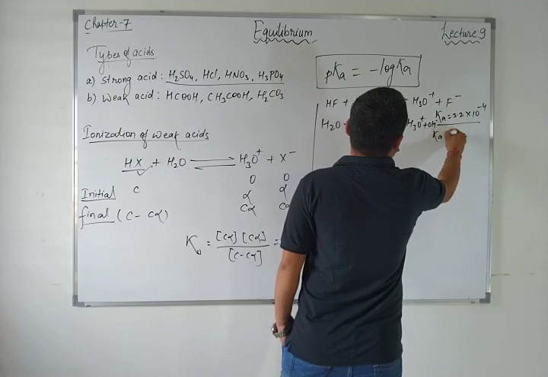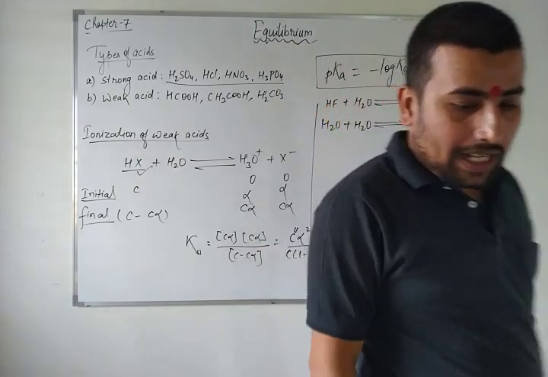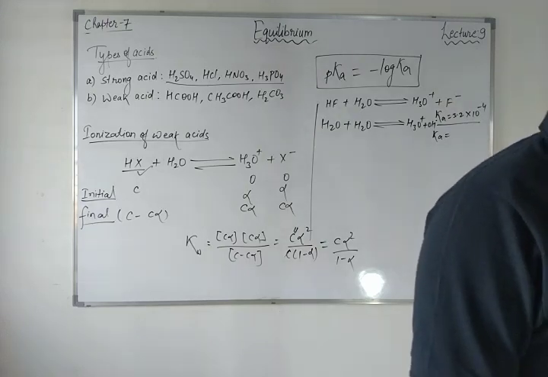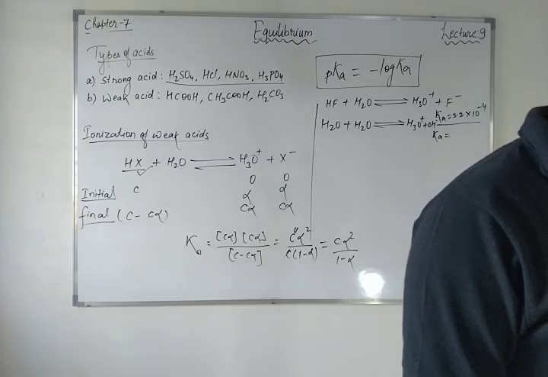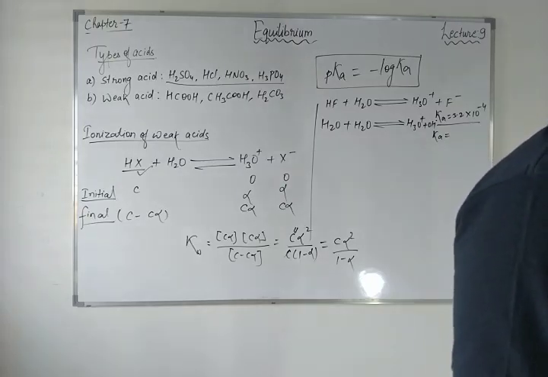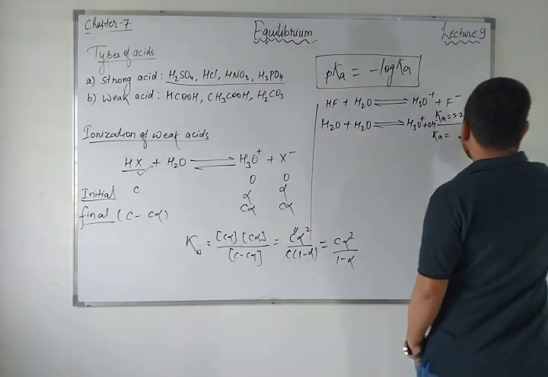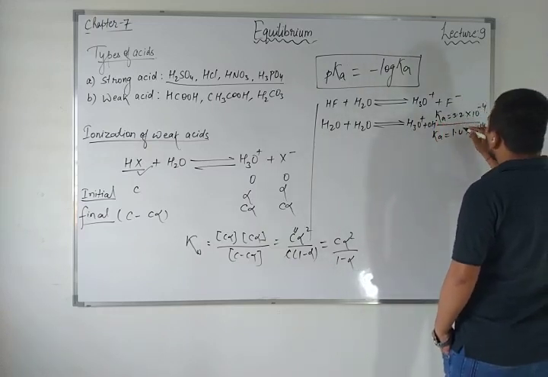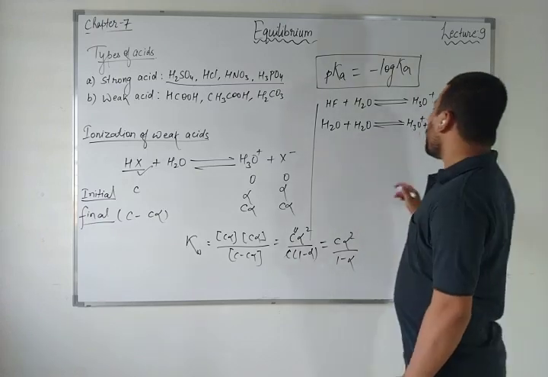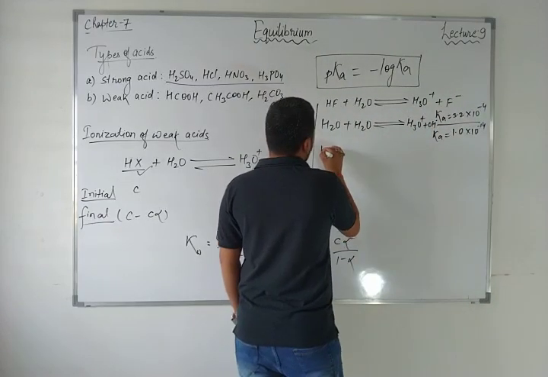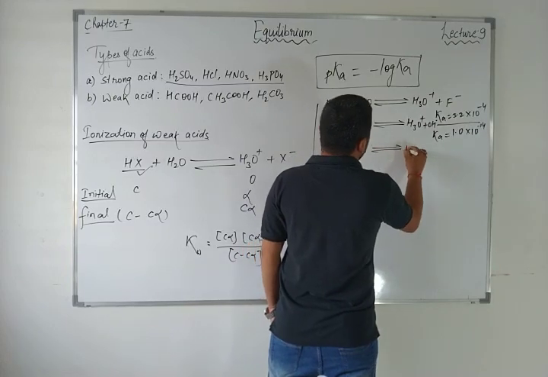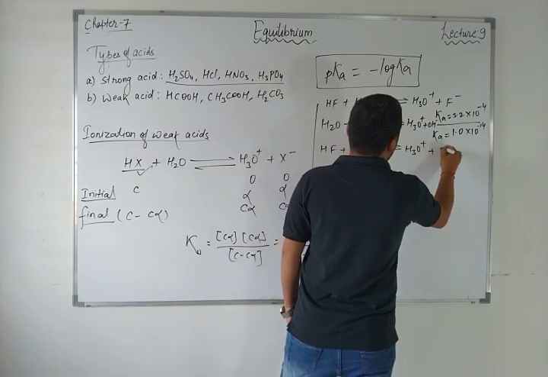Here also the constant value is given and that value is 1.0 into 10 to the power minus 14. This we have calculated already in the previous videos. Now in this equation, HF plus H2O gives H3O plus and F minus.